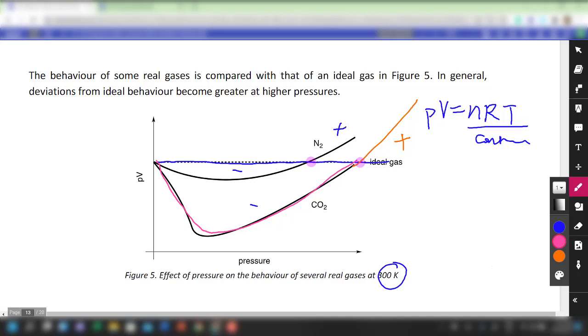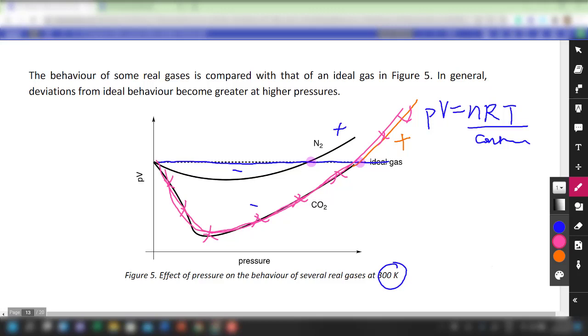This graph is obtained when we try to determine the value of PV at various pressures. On the whole, this is the graph we are getting. So it doesn't mean that when it crosses the ideal gas line, it's behaving ideally. That is the number one common misconception students will have.